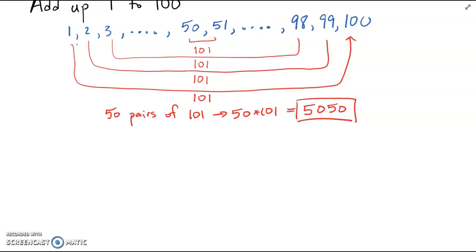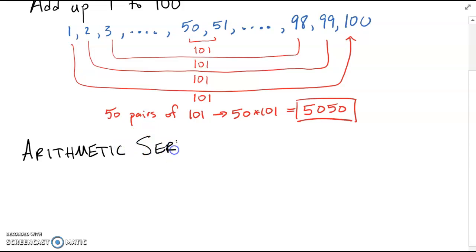So what we just found, that example, is something called an arithmetic series. And now, instead of the word sequence, we're going to use the word series. I know those words sound the same, and every once in a while I mix them up.